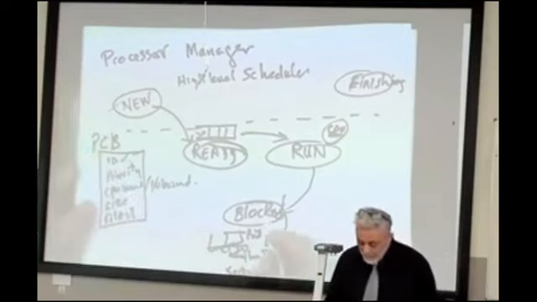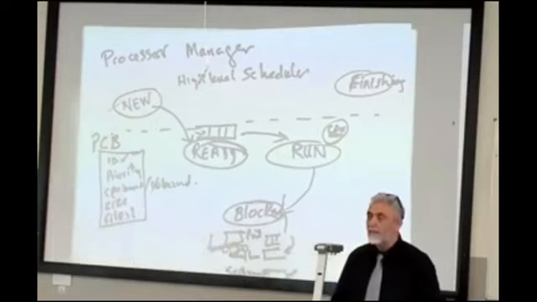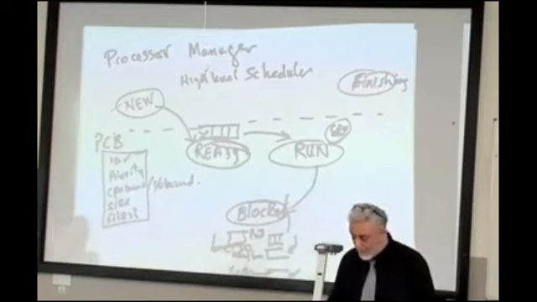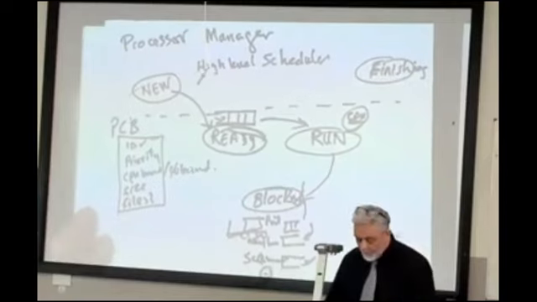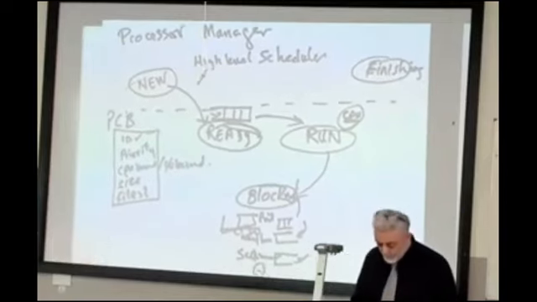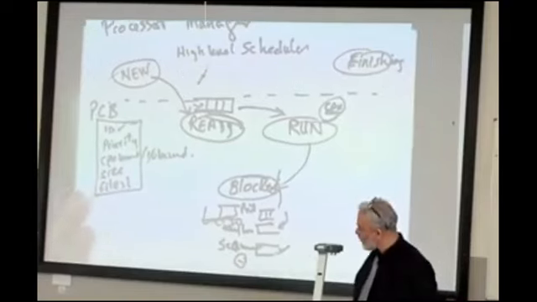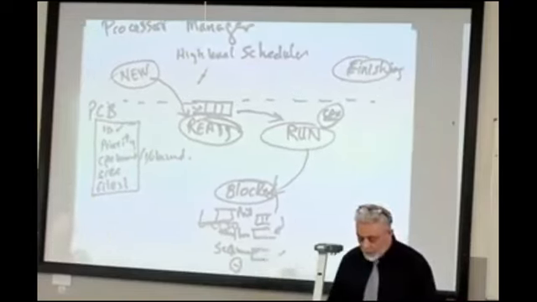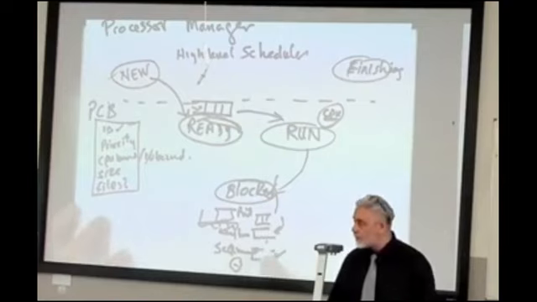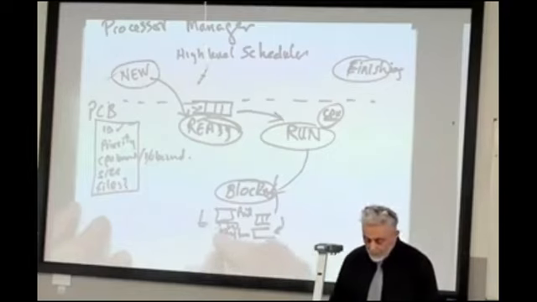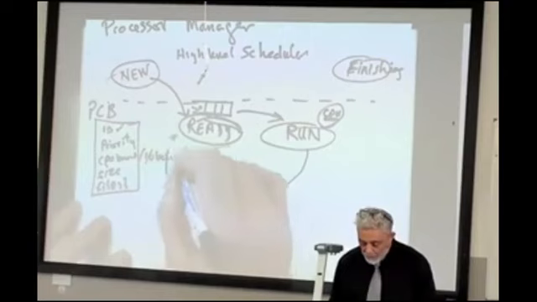But the process is sitting in a blocked state. It cannot continue until it reads, maybe a file from a hard disk. It needs to read something before it can continue. Once that job is done, whatever it was waiting for, reading a record or printing something, once it's finished, we move the process up to the ready state.